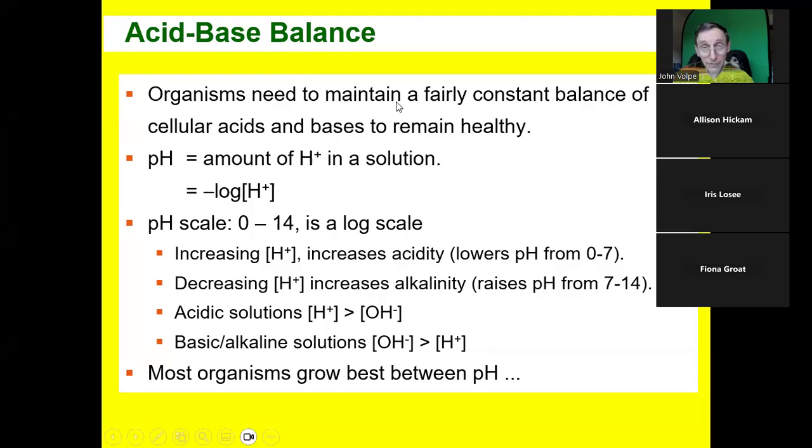The reason the child can maintain their health is because they maintain their balance of acids and bases, homeostasis. Otherwise, chugging the Coca-Cola would kill them. But they have buffers in their body to maintain the balance of the acids and the bases. We won't talk about homeostasis, but it is important for an organism.